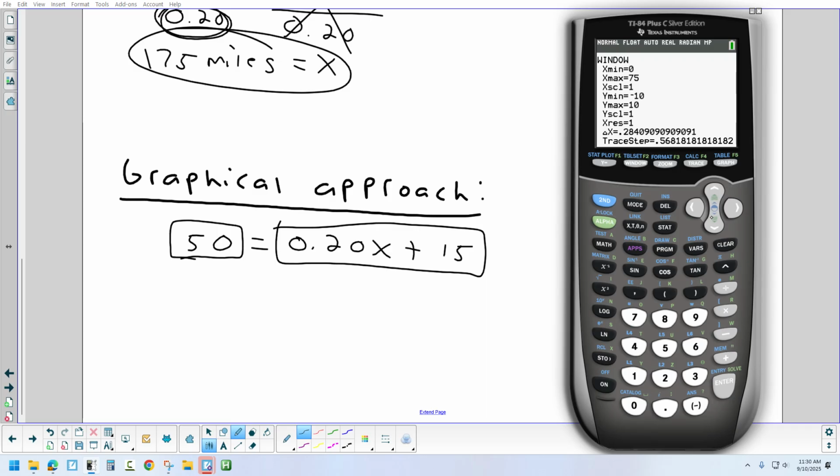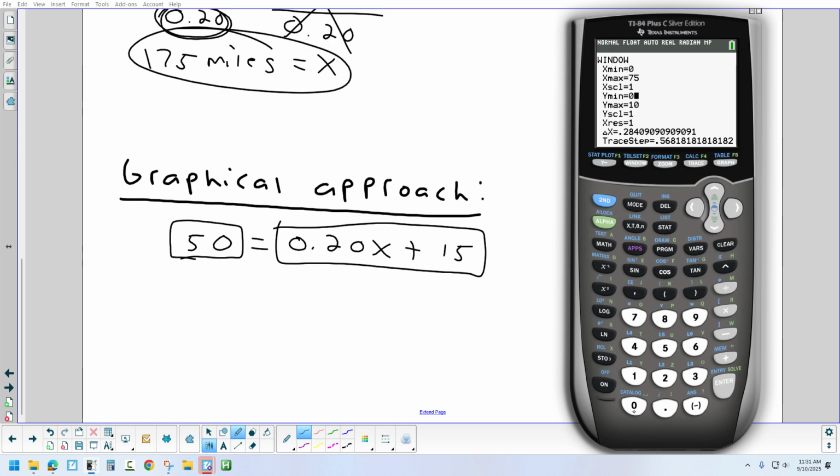Let's say it was the price of something. What's the smallest amount of money that something could be? 0. It was free, right? You can't pay negative $10 for something. That doesn't make sense. So now in this problem, technically the smallest amount of money to rent a car is how much?